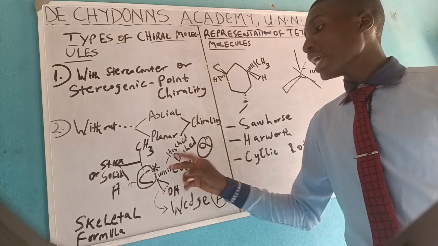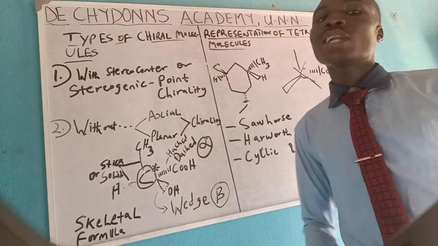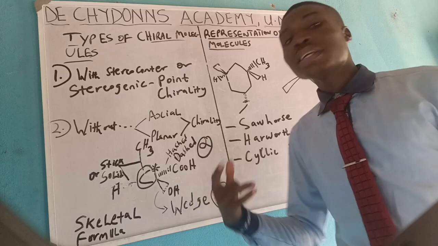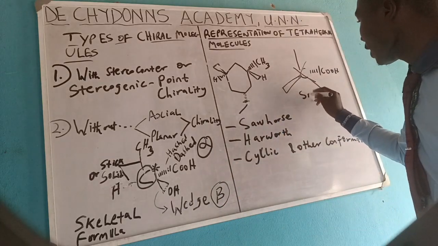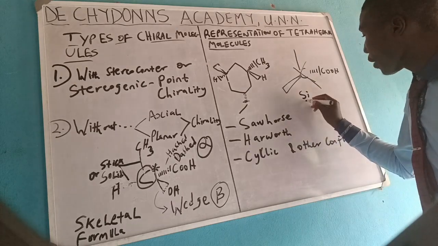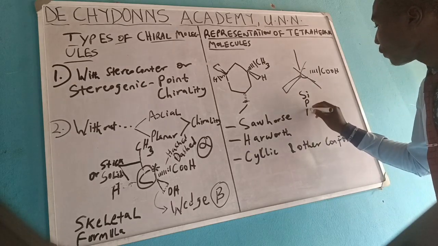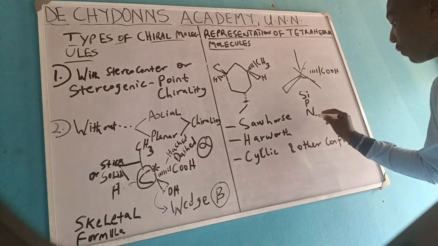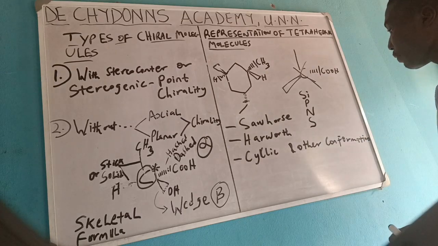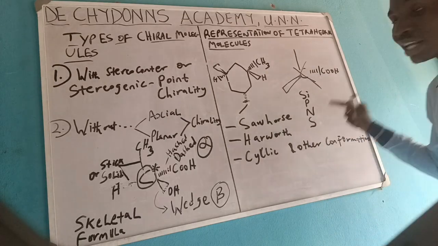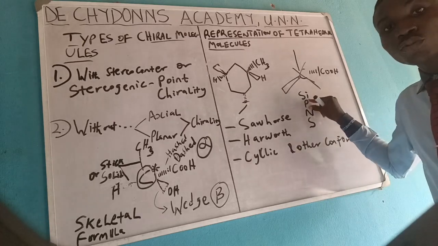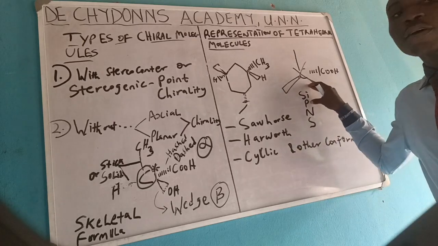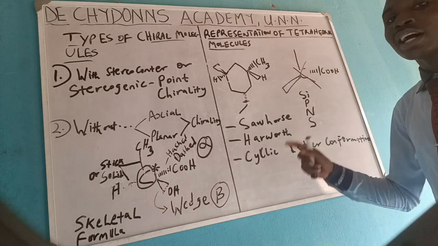But apart from carbon, there are other elements that can exhibit chirality, and such elements are silicon, that is Si, phosphorus, nitrogen, and sulfur. So we can have a sulfur chiral center, a nitrogen chiral center, a phosphorus chiral center, a silicon chiral center.